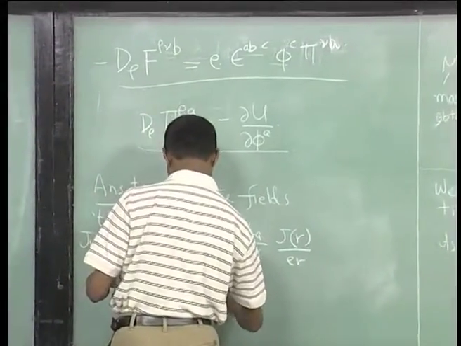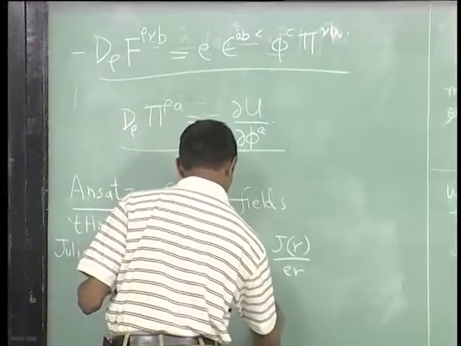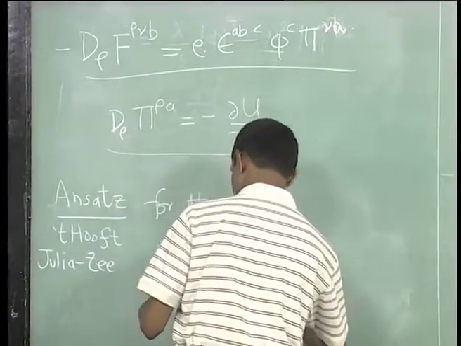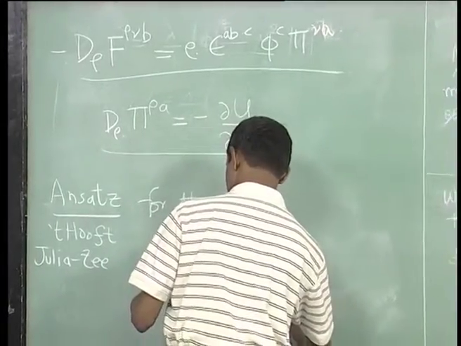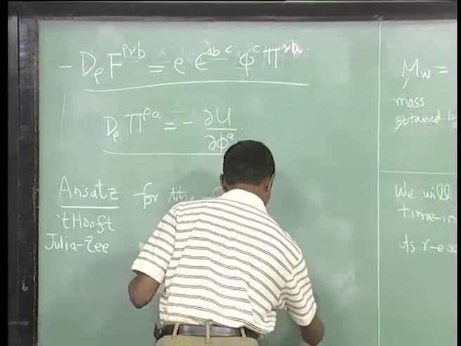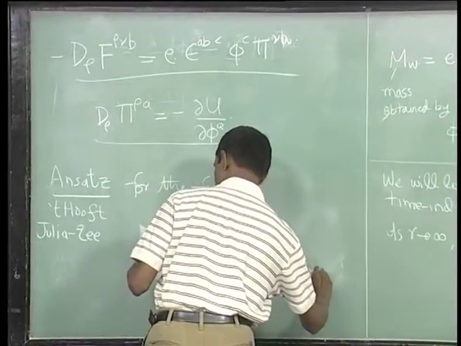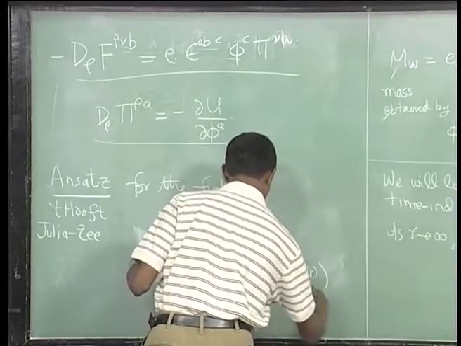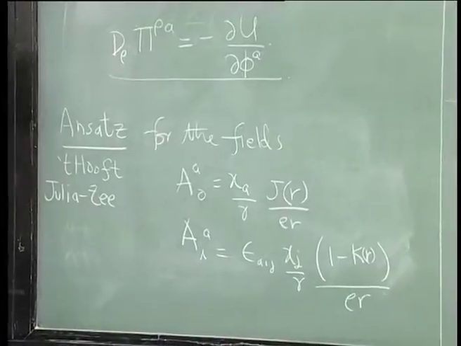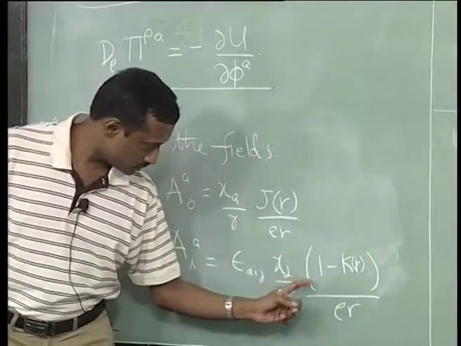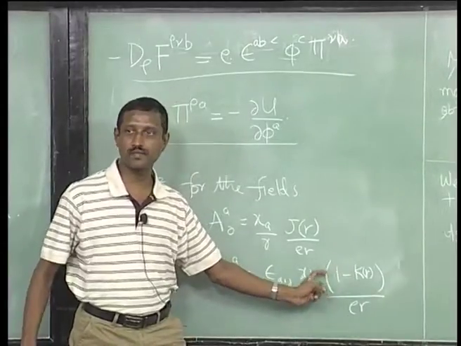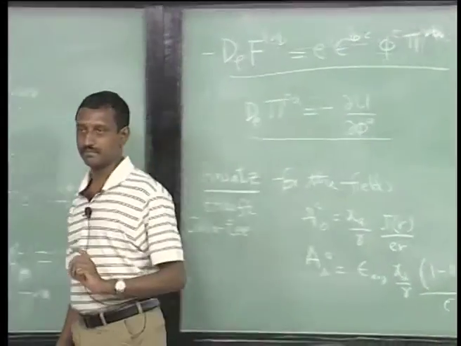So A0, and A_i is epsilon_ij x_j of r into 1 minus K(r) by e r. The key point here is that this first term has to do with the fact that this charge is 1.